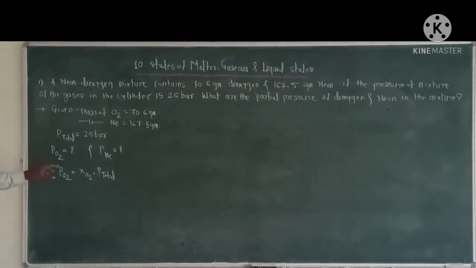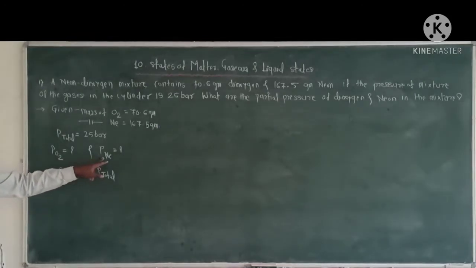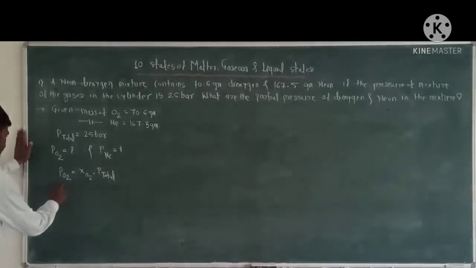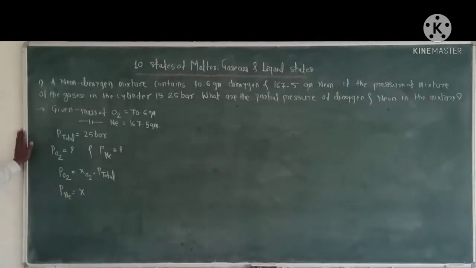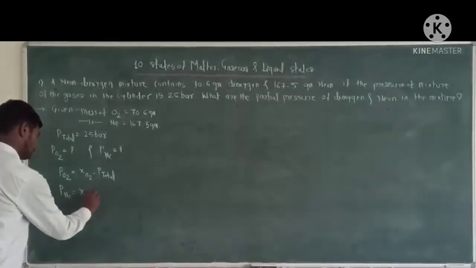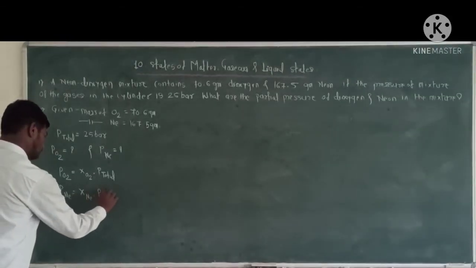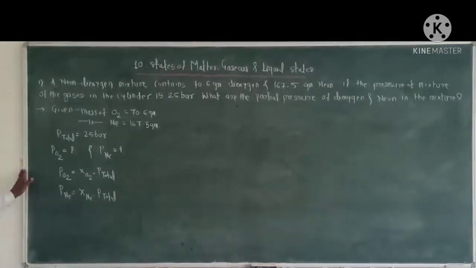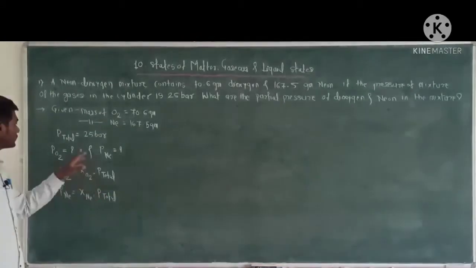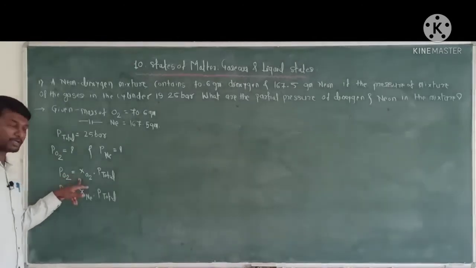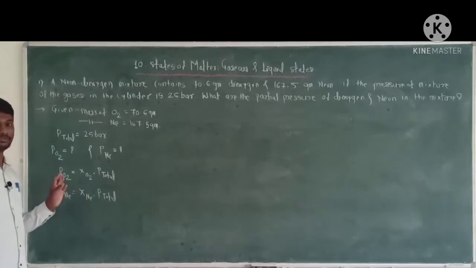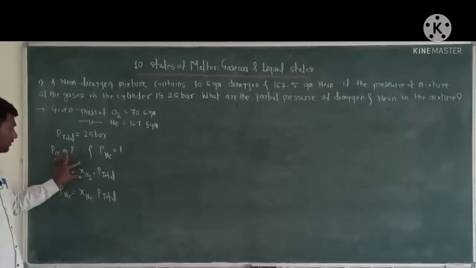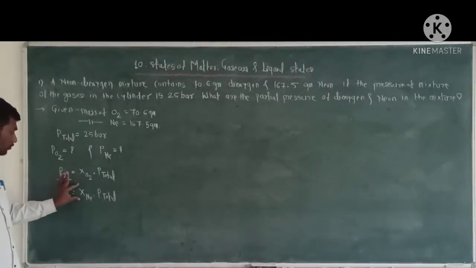And the partial pressure of neon is calculated by using the equation: partial pressure of neon is equal to mole fraction of neon into P total pressure. Okay, now in this numerical a total pressure is given, but mole fraction of dioxygen and mole fraction of neon is not given. So first of all calculate the mole fraction of dioxygen and mole fraction of neon.